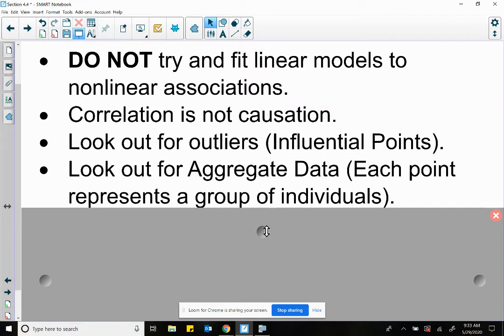So each point represented a state, with the ACT or SAT math and English as your variables.